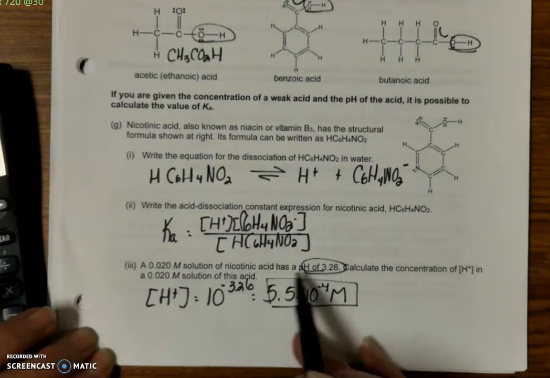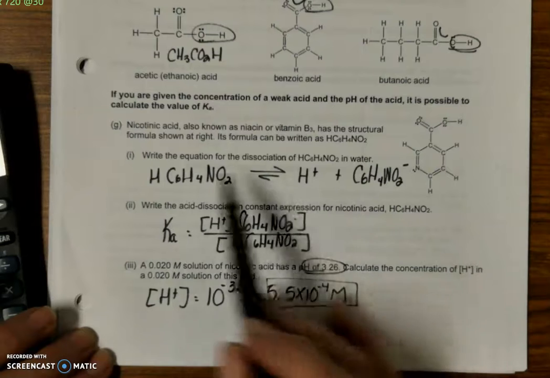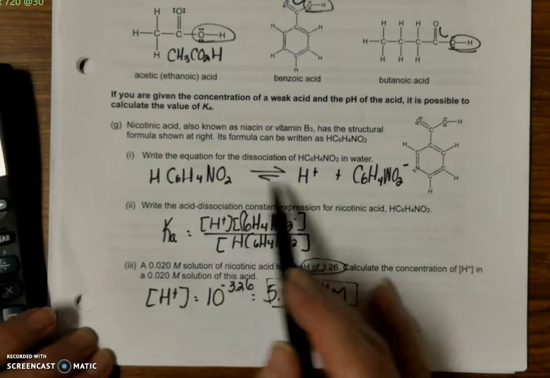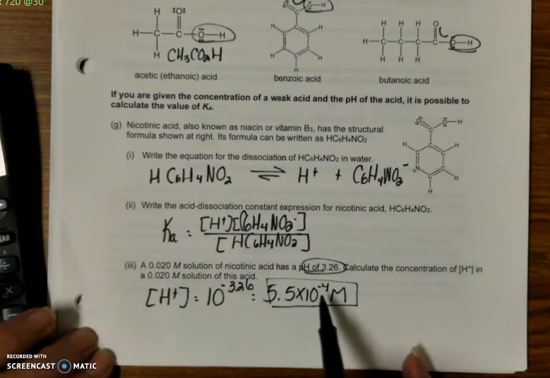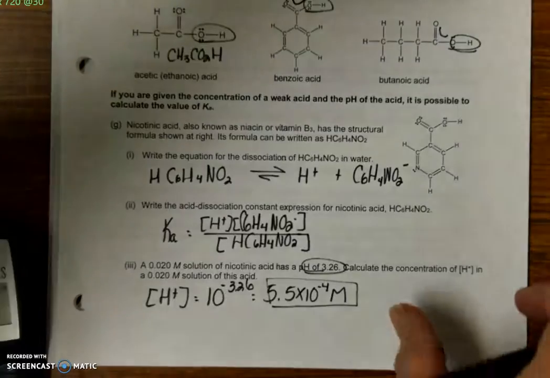So you can see already that this acid is not completely dissociating. It does not all go to hydrogen ion, and so my hydrogen ion concentration actually is lower and my pH is higher. Okay, so that's going to be useful.